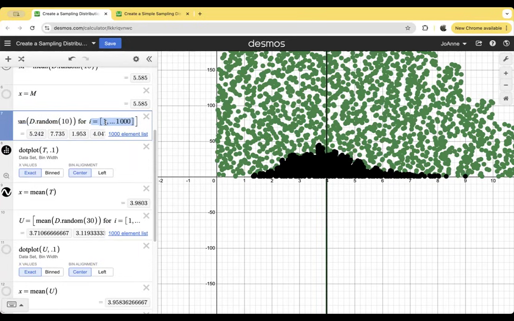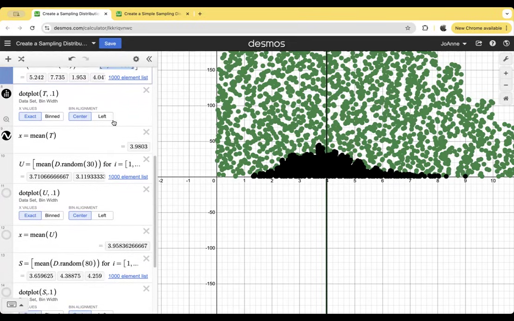My sampling distribution only contains 1,000 items instead of every possible sample of size 10. There are far more samples of size 10 that can be taken out of the population. I only have 1,000 of them. So if I did this more, I would eventually see that the mean of the sampling distribution was the same as the mean of the population.